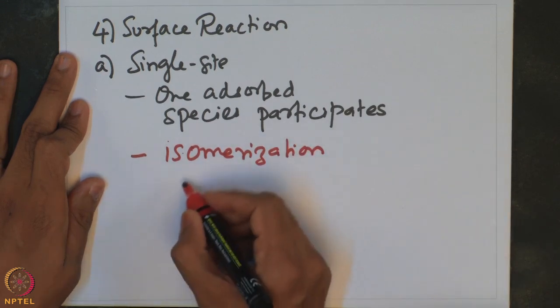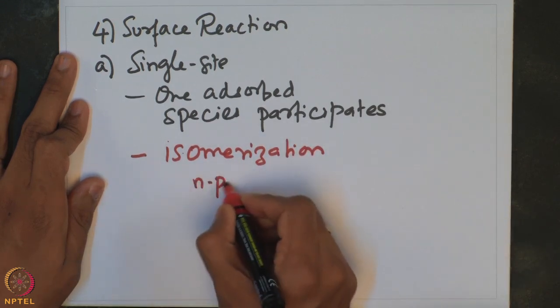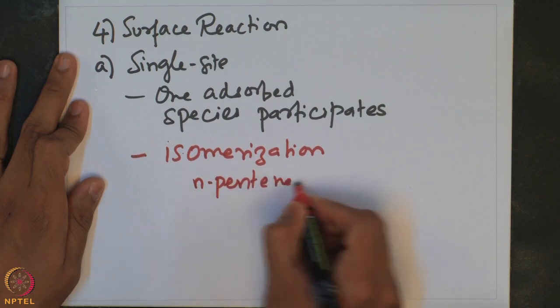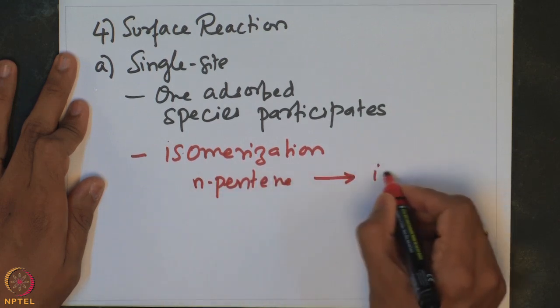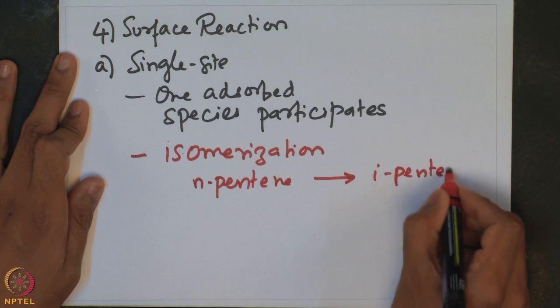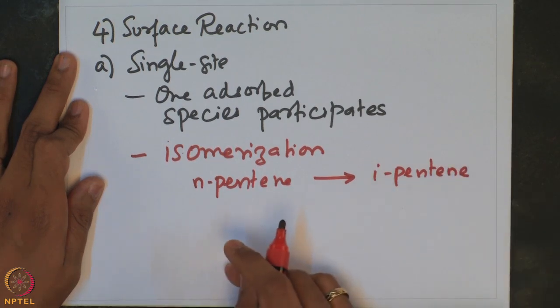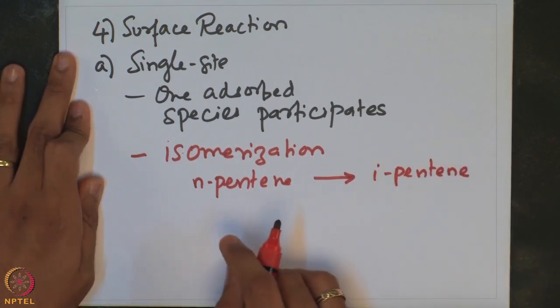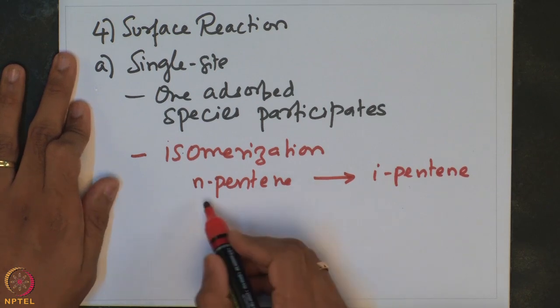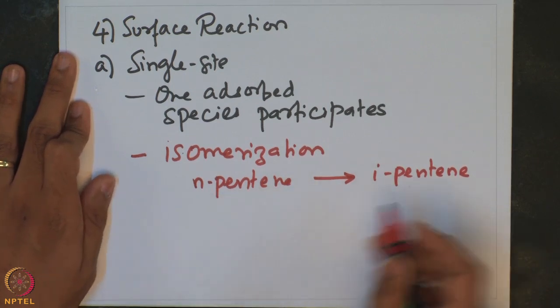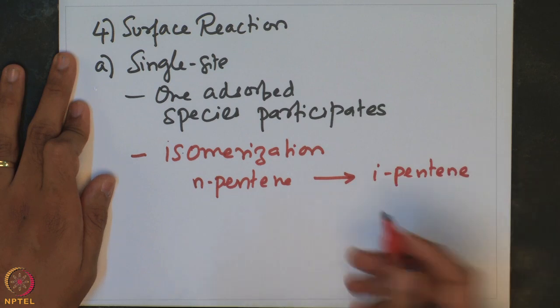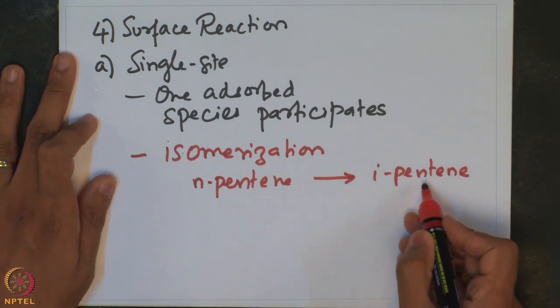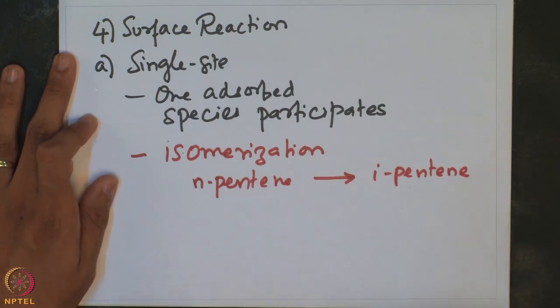For example, if N-pentene actually leads to isomerized pentene form, and that is a good example of surface reaction where one species just essentially gets converted into the isomerized form of the same species, which is now the product species.